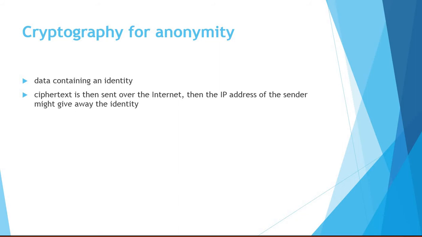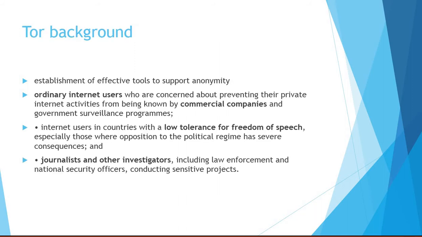So that's a challenge here. So we are going to discuss how we can provide it using cryptography. For that, Tor can be used. So now let's discuss the Tor background. This Tor tool will help us to provide the anonymity over our data transfer.